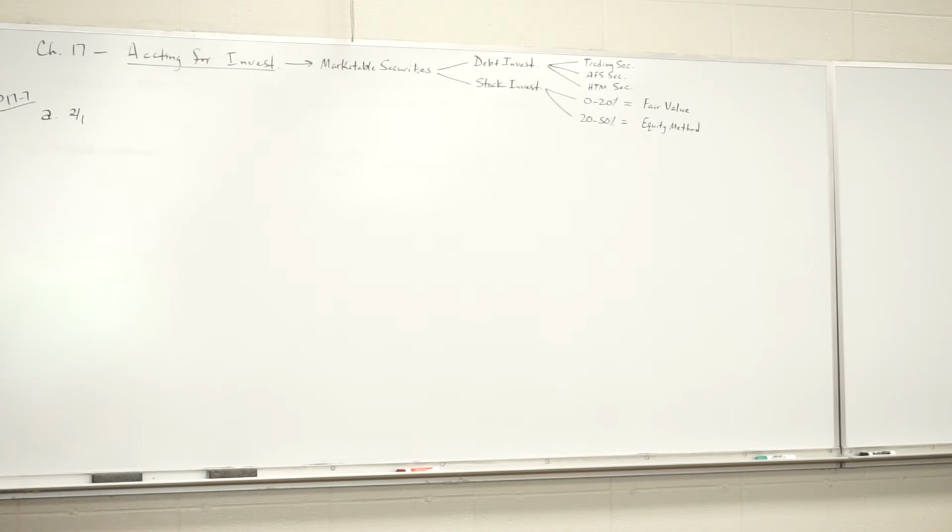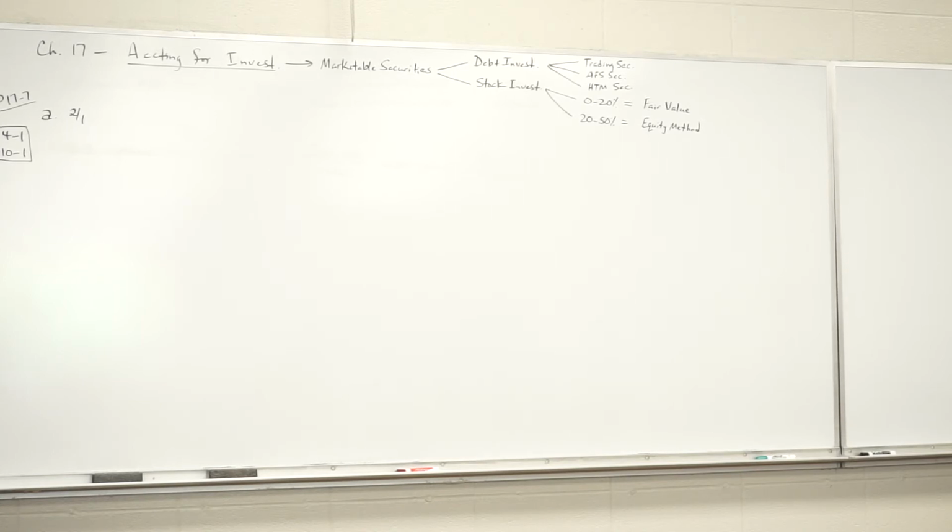Interest is payable on April 1 and October 1. All right, so there's two different ways we can do this, and both of them are acceptable for GAAP purposes.